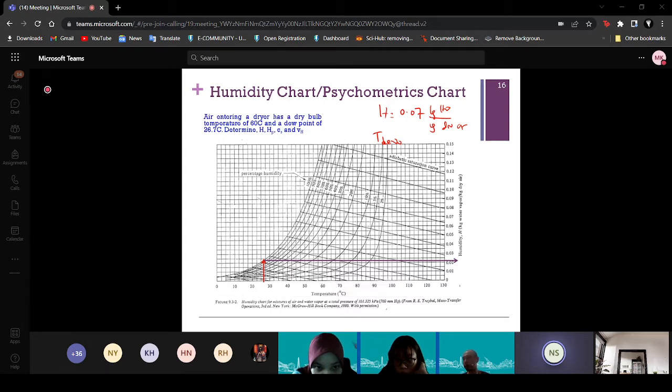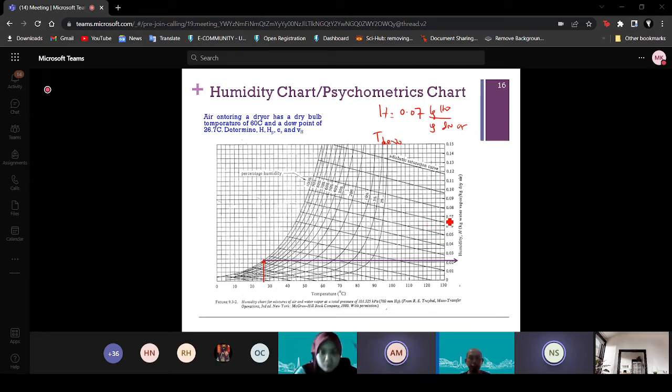Okay, siapa boleh tolong? 47, macam tu. Okay, 47. Okay, kita tengok kat mana.